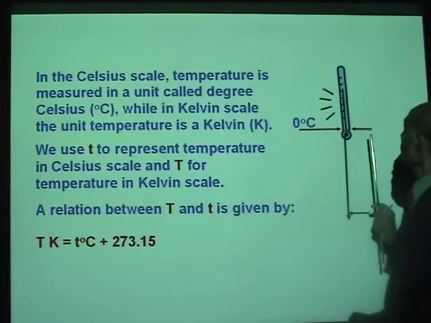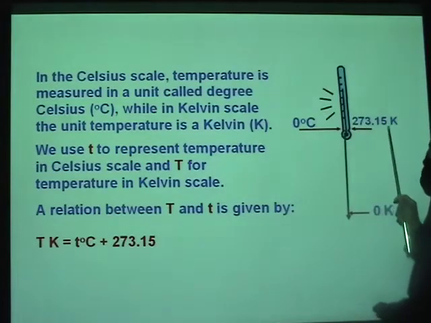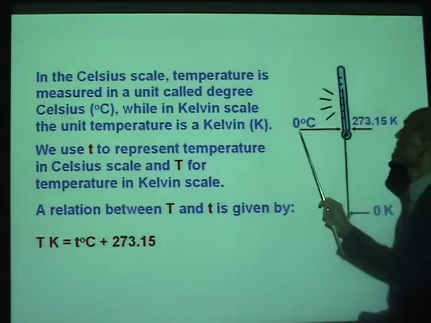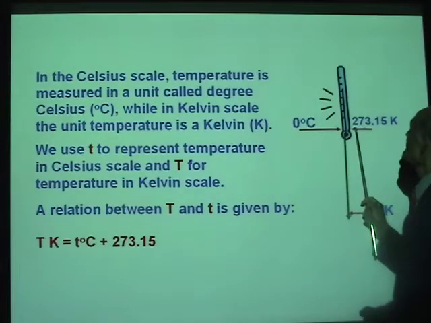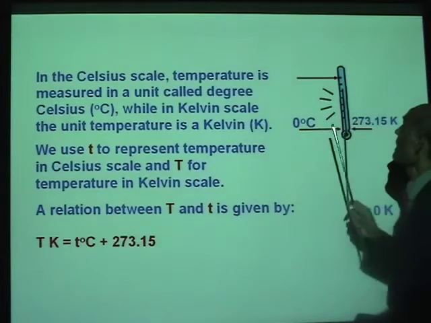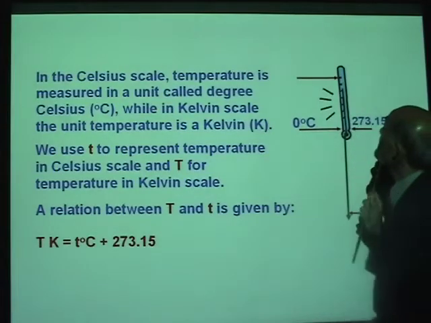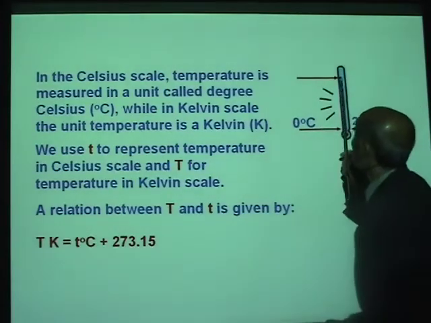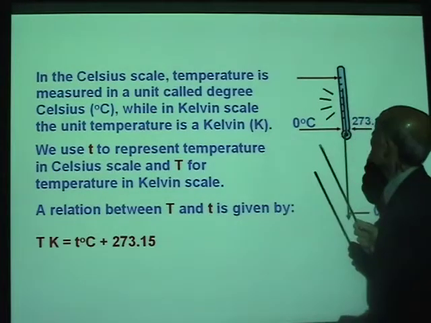Alright, so this is 273.15 Kelvin. 0 degrees Celsius is the same as 273.15 Kelvin. And what is the upper point for the degree Celsius?